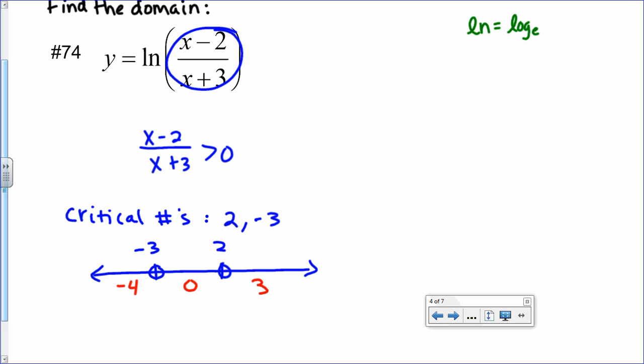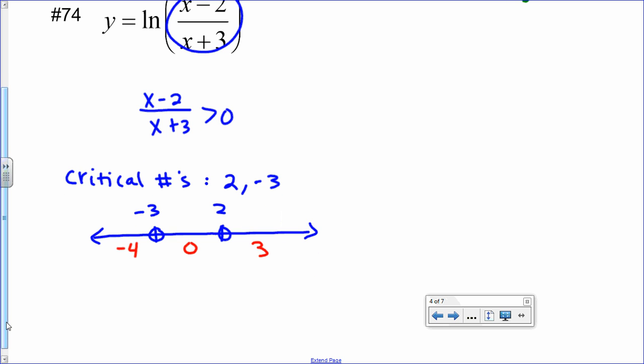Okay, plug those in to your inequality. So to this. Negative 4 minus 2, that's a negative.